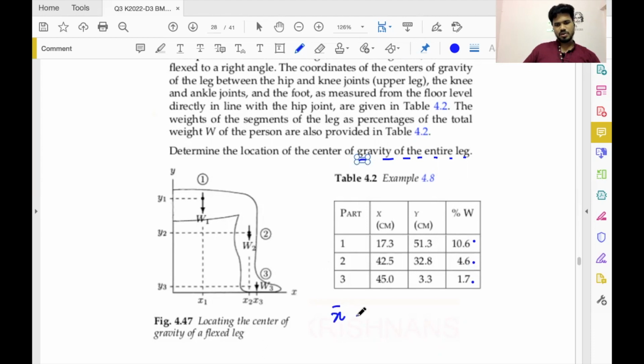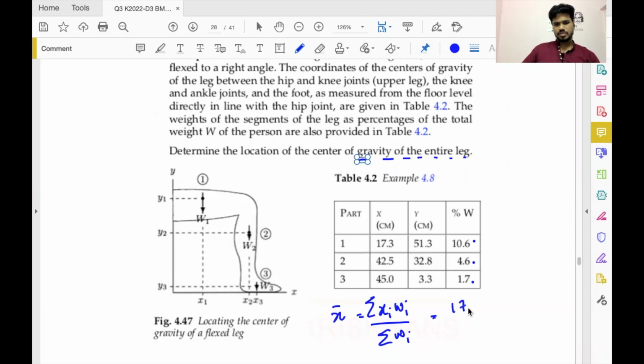So x bar will be equal to sigma xi wi by sigma w, right? Where x's are given over here. So quickly, just three parts.